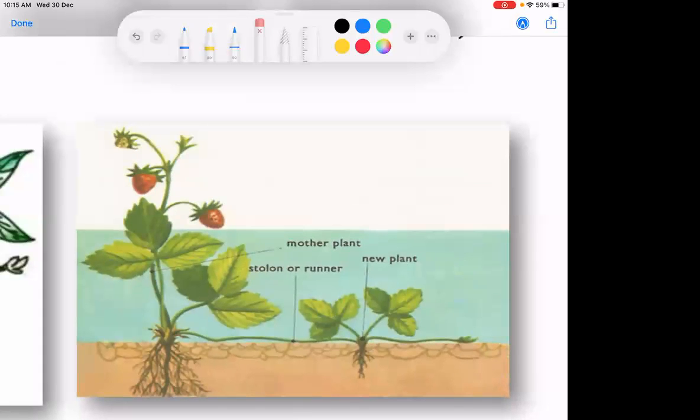Here is a clear-cut diagram. Ready? This is the main stem. They have 1, 2, 3 branches, and the 4th branch is at the lowermost surface, which is actually growing, touching the ground and developing the new plant.